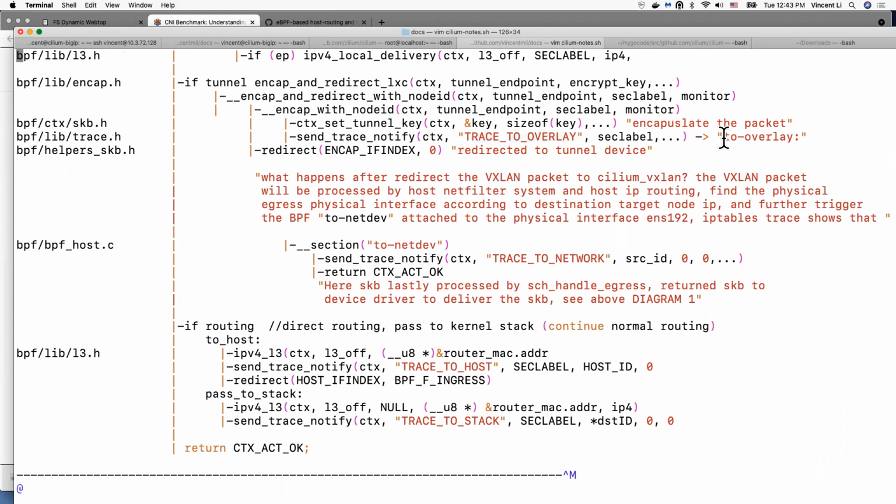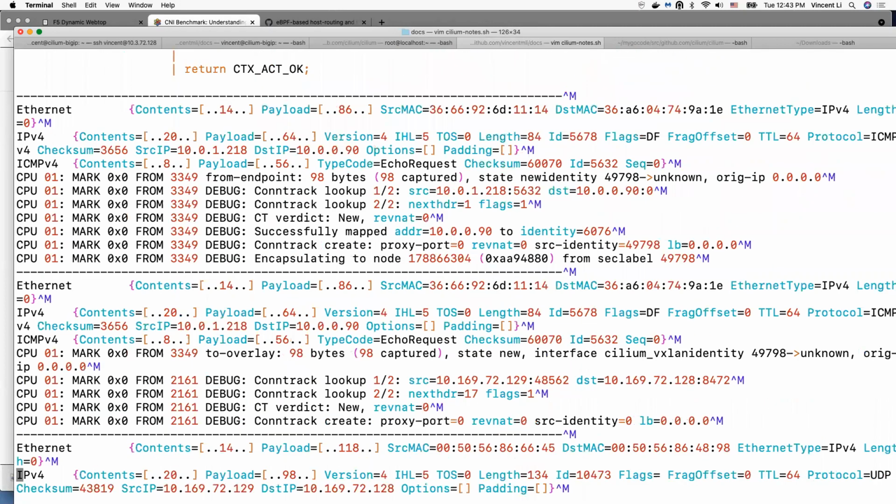So in the Cilium monitor log, it shows to overlay. So here, that's the to overlay, and the overlay interface is Cilium VXLAN.